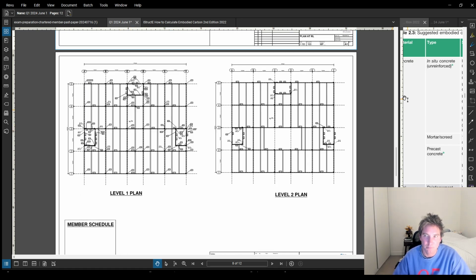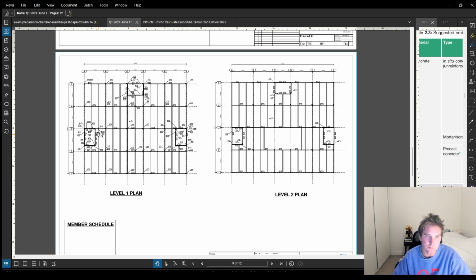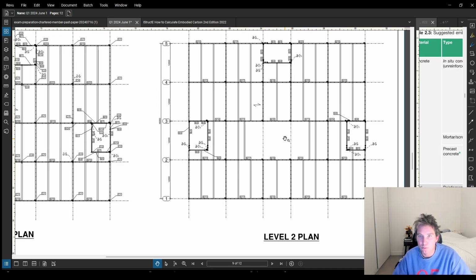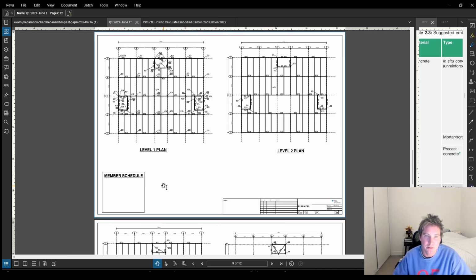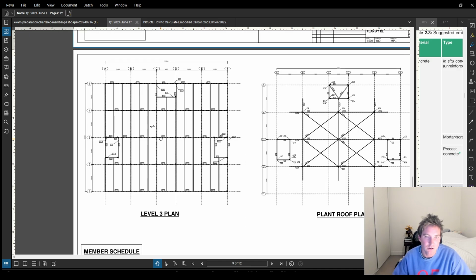I've got my plan at level 1. Then at level 2, where you've got the opening, I've had to make some modifications to my glulam beams. Again, I have my member schedule here. This is all to scale.